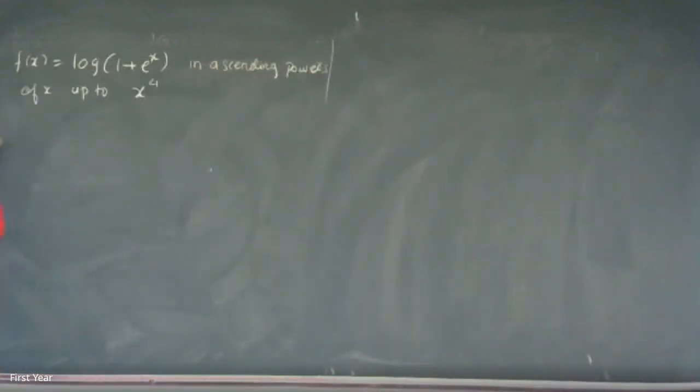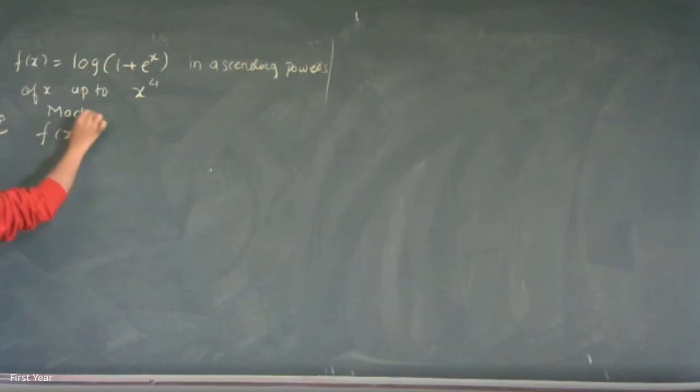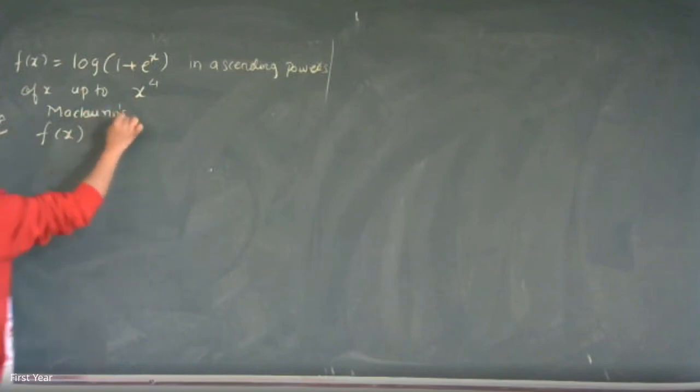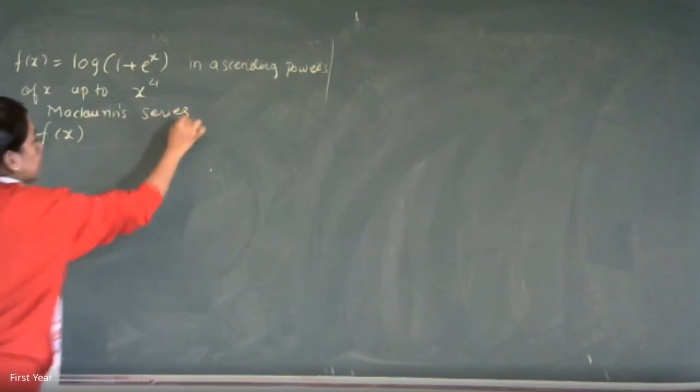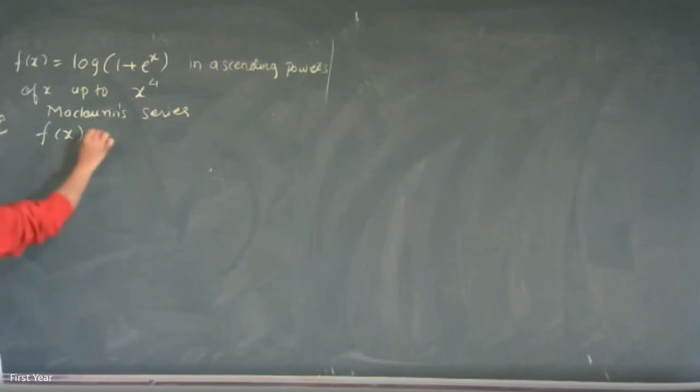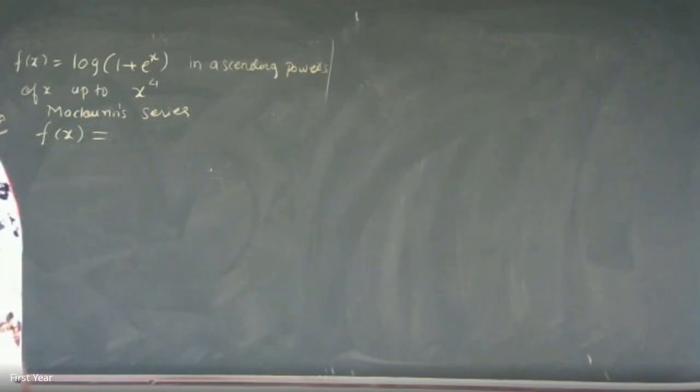Who will tell me, remember, what is Maclaurin's formula? Maclaurin's series is nothing but f of x is equal to, it is about 0. Can you tell?